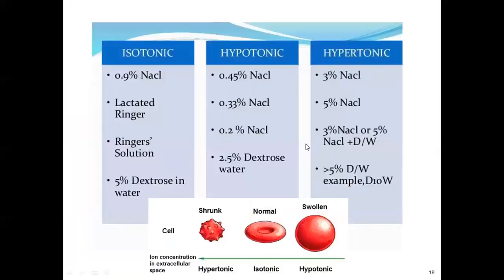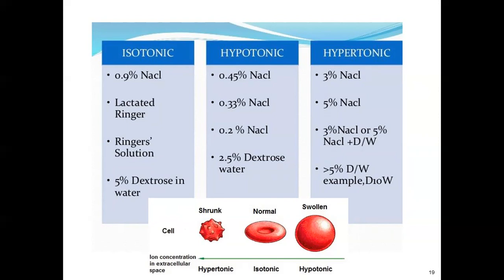Like here, I'm talking about hypertonic. So in the picture, you can see a red blood cell inside the hypertonic solution. As I told you, the tonicity is greater than intracellular fluid, because the description is always compared with intracellular fluid.